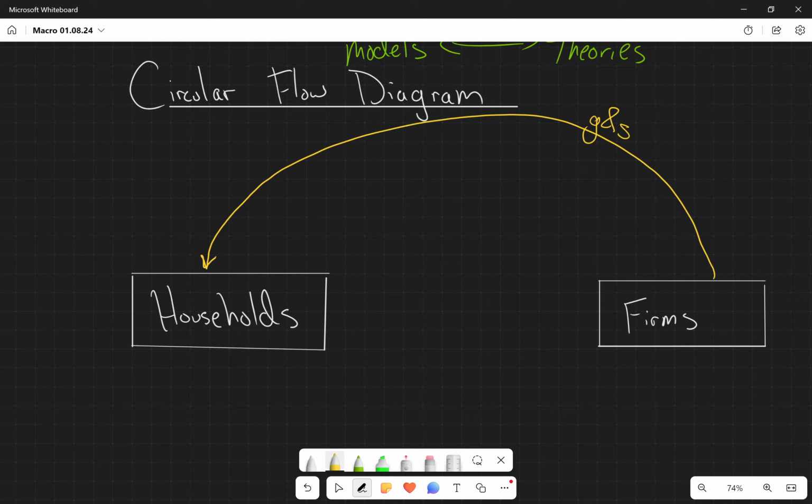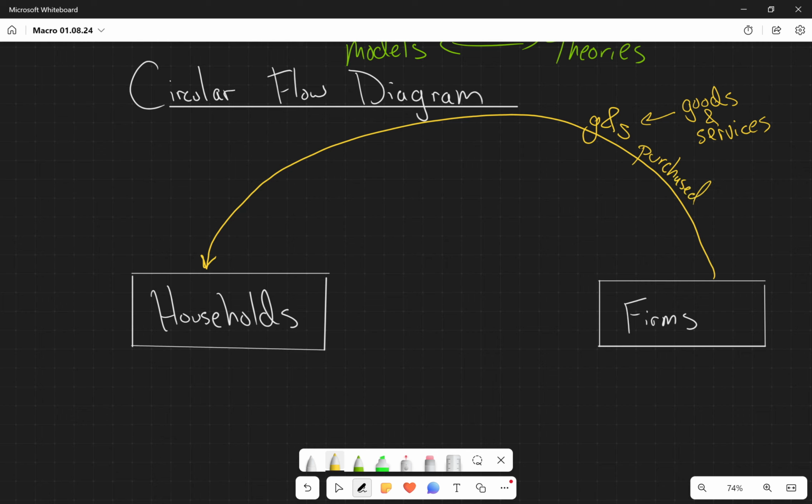We're going to use G and S for goods and services throughout this course, because we literally talk about it all the time. So it's just going to save you a lot of writing, a lot of hand cramping, to just write the abbreviation, G and S. So this is goods and services that are purchased at a store, right?